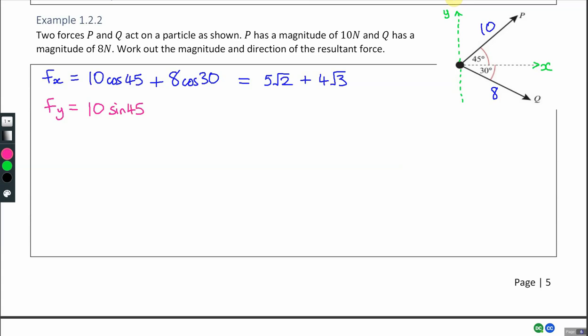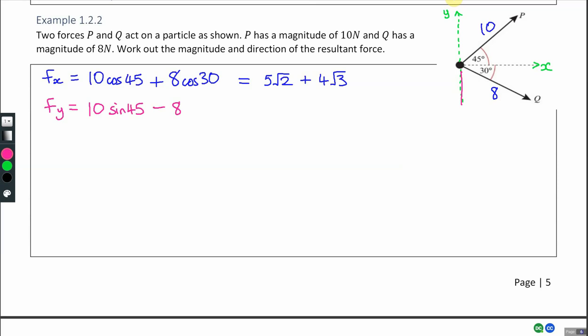As I said in example 1.2.1, there are many ways of thinking about these things. The other force, the Q component, well, that is pointing down. It's got a negative vertical component. So I'm going to put a minus here. It's going to be minus 8.